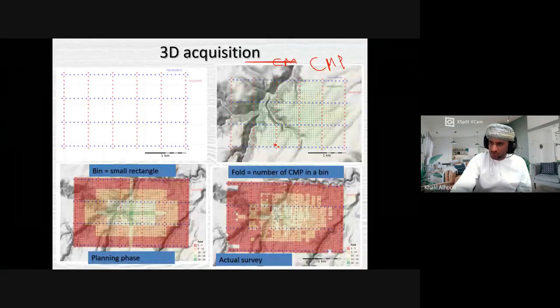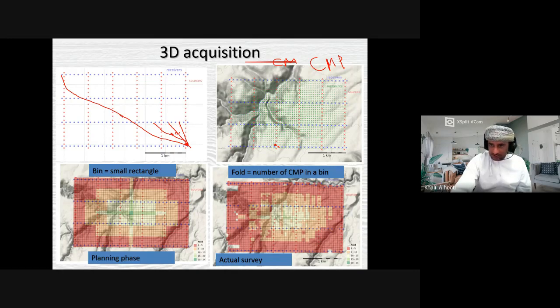If I imagine how many midpoints, this source fired right now has one midpoint between this one and this one, a midpoint between this one and this one. There are too many midpoints. So this source and this receiver, the last one, have a midpoint, a trace in the middle.